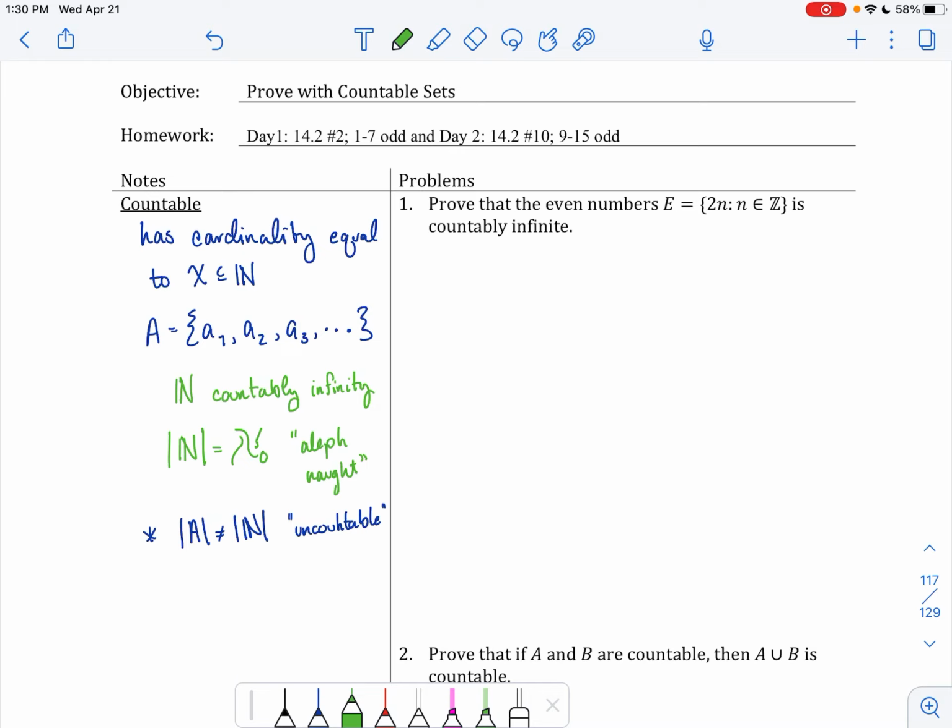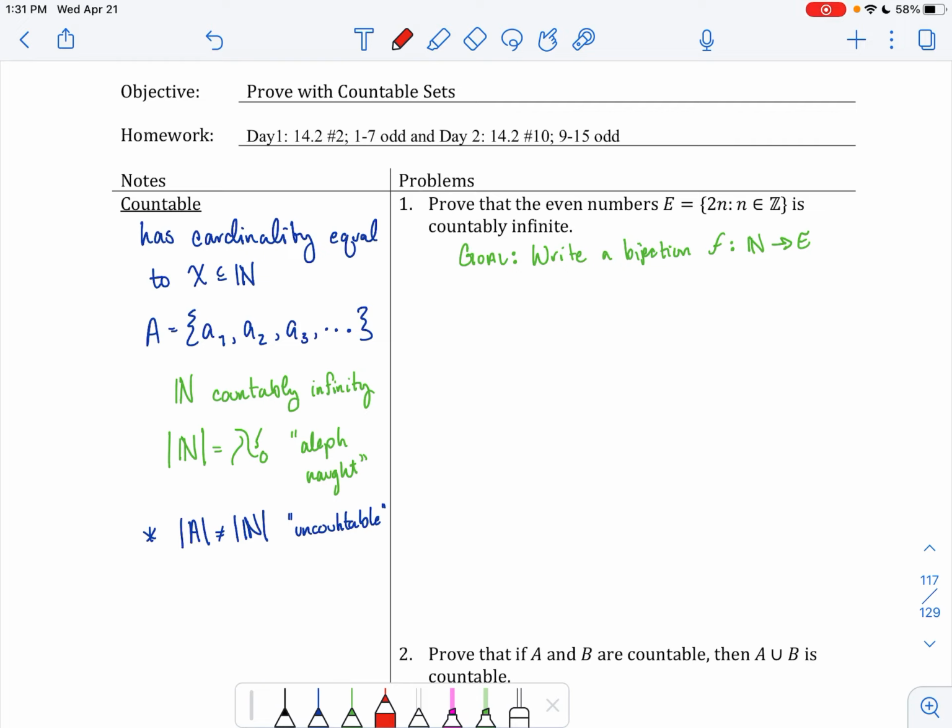One is what I think of as our goal, in this case, is to write a bijection f from the natural numbers to the even numbers. We want to show it's countably infinite.